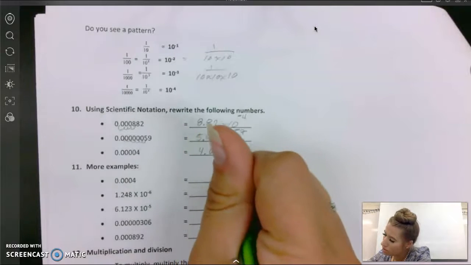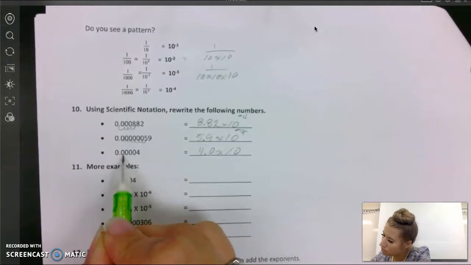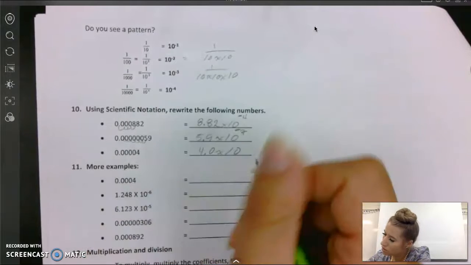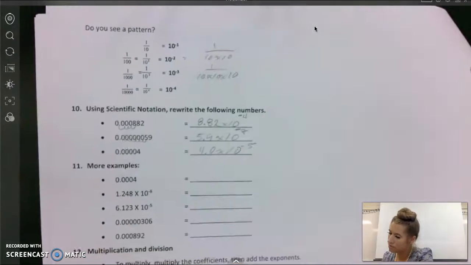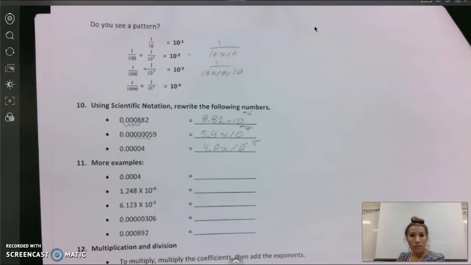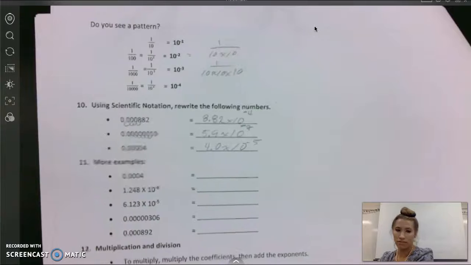Now this last one, we have our 4.0, the negative 5th. And then we have some more examples here that I want you to take a moment, hit pause, go through and try those out on your own, and then come back and see how you did.